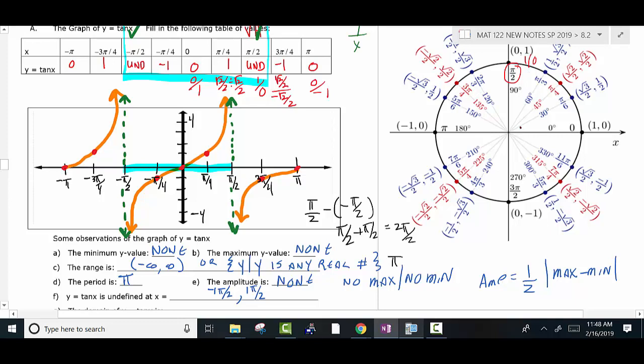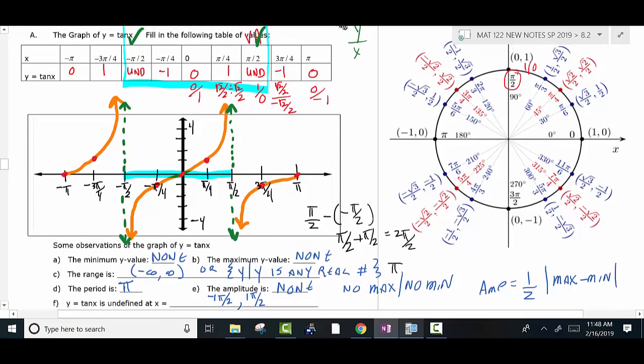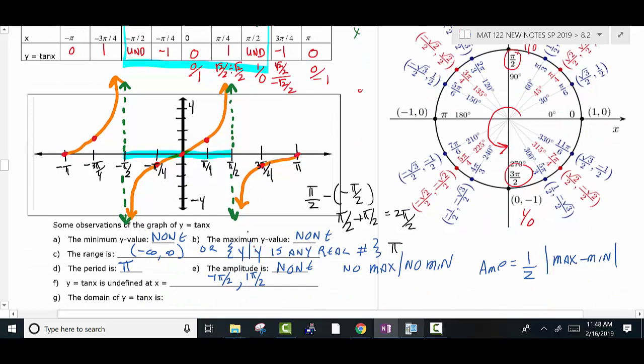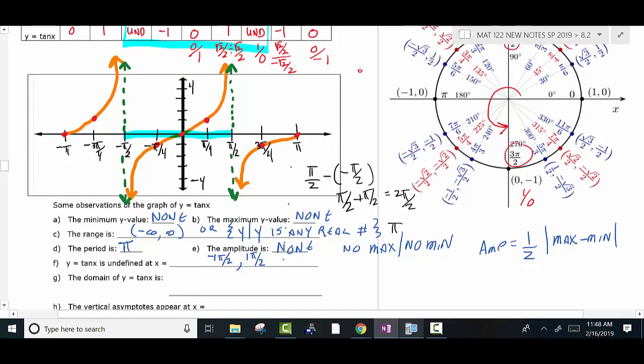But if we did another lap around the circle on this, well, then I would go to 3 pi over 2. If I go to 3 pi over 2, you're still undefined. Okay, so if you kind of do this, you'll begin to see a pattern on this.